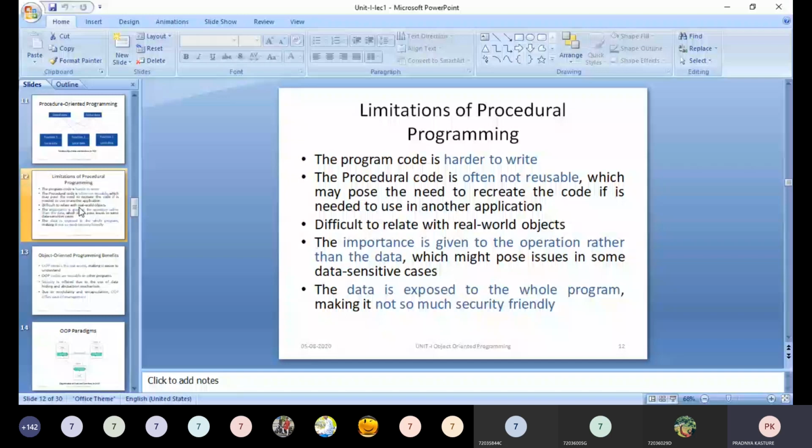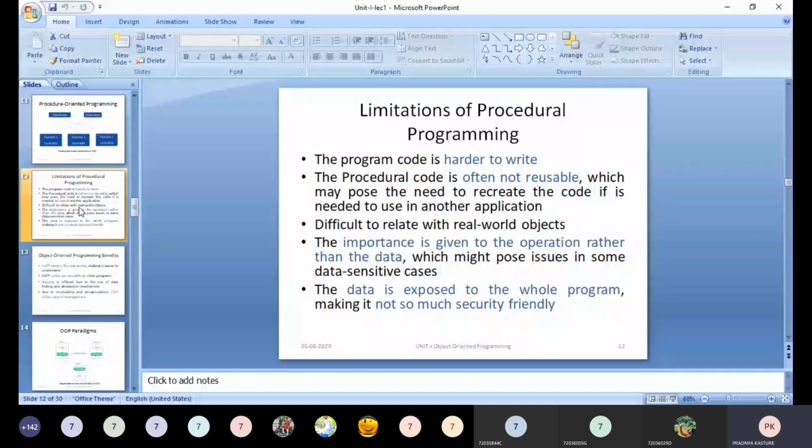Next, importance is given to the operation rather than the data, which might pose issues in data sensitive cases. Whenever we want the data to be secured or hidden, this is not possible with procedural programming, because different modules want to access the same data and that data may be changed by some of the modules.